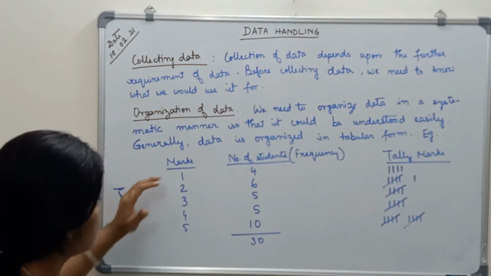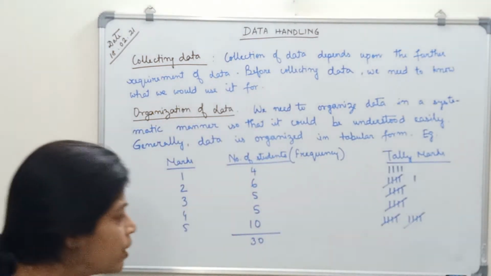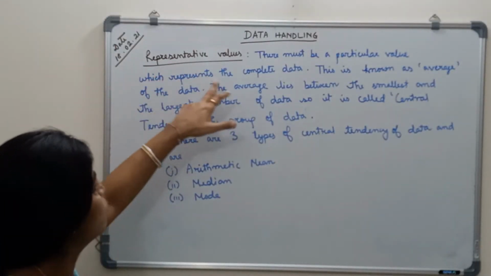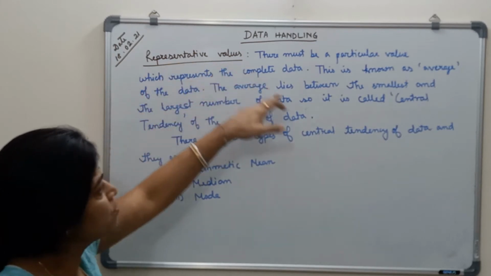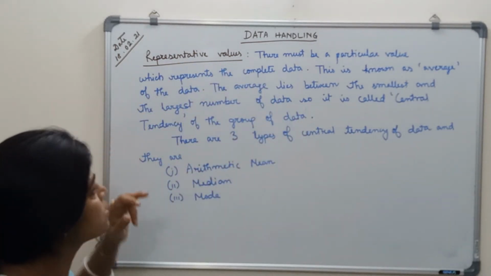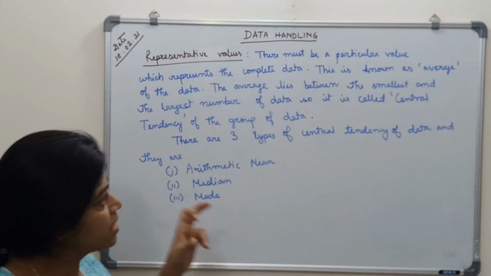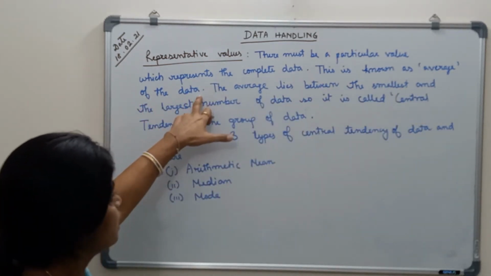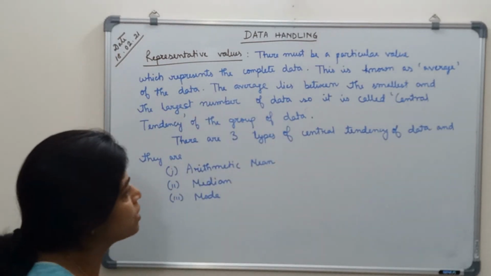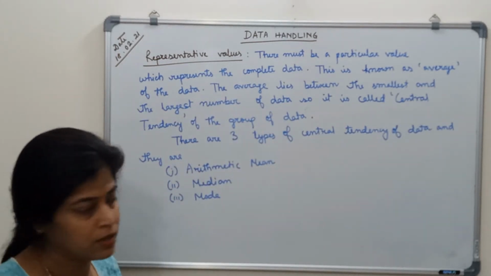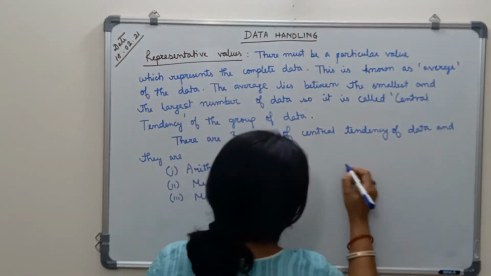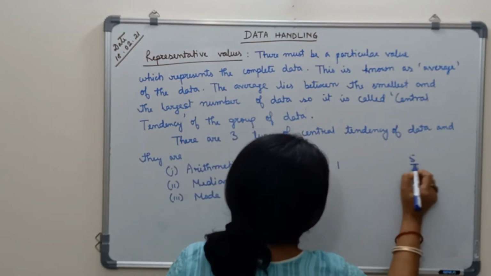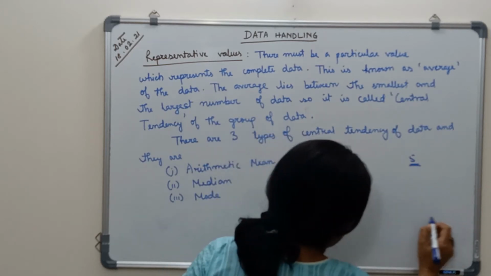We have to organize the data so that we can form a graph, any kind of graph. Now, how to represent values? There must be a particular value which represents the complete data. That is known as the average of the data. The average lies between the smallest and the largest number. In the previous sum, 1 is the smallest and 5 is the highest out of 5 marks.